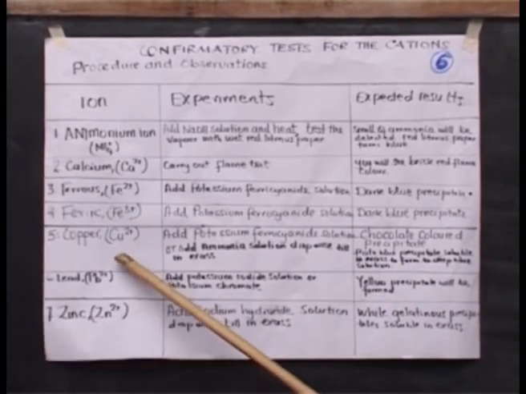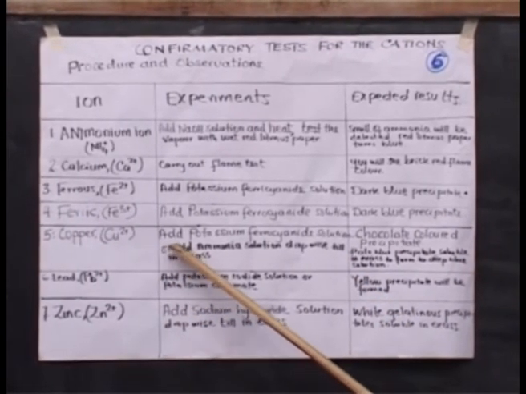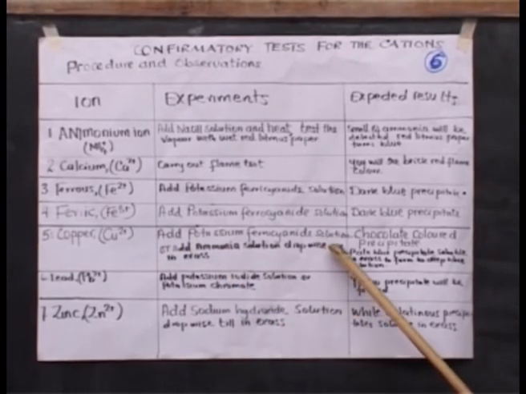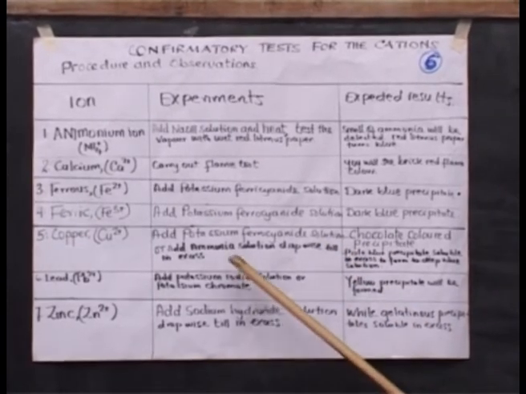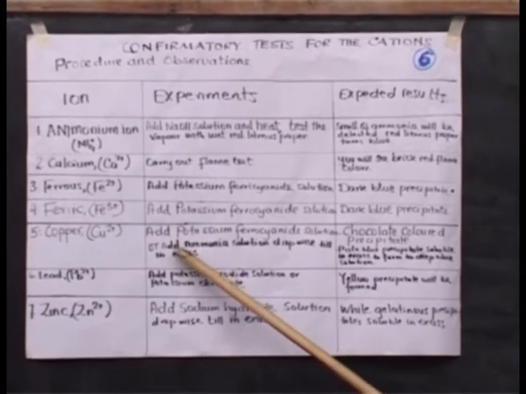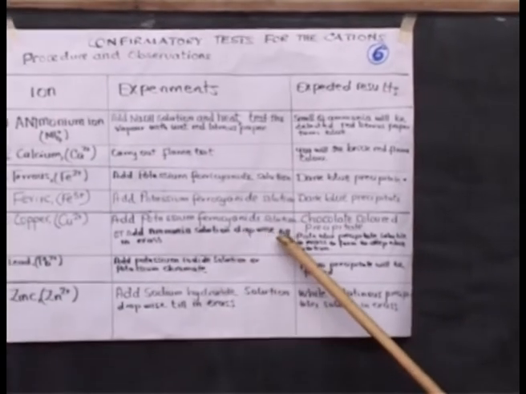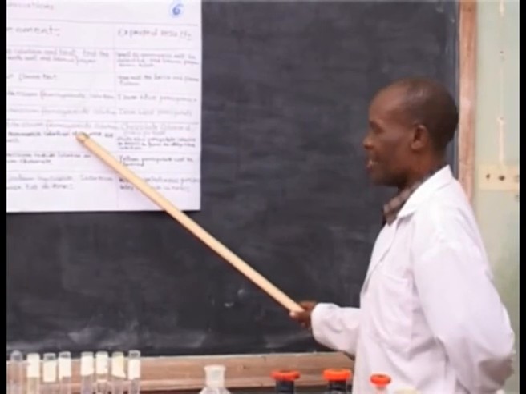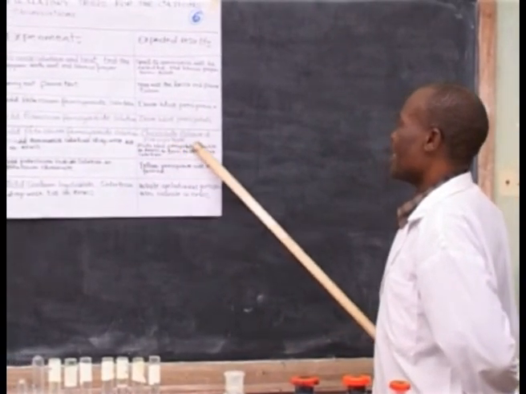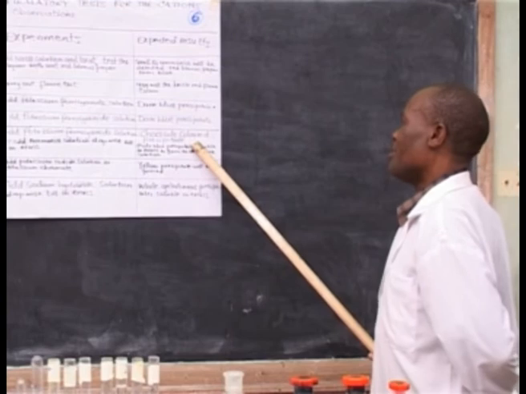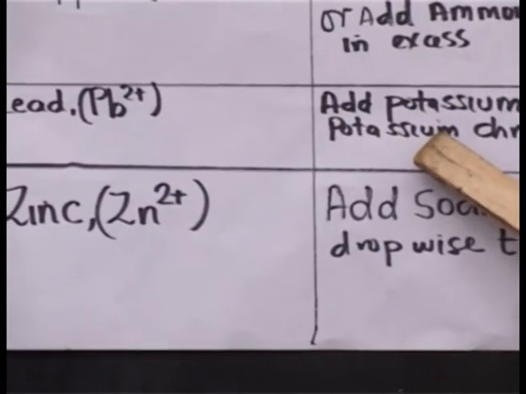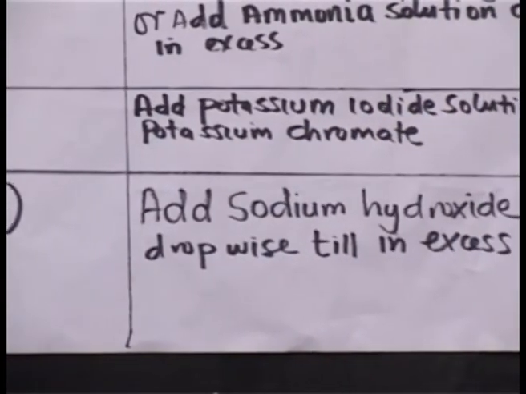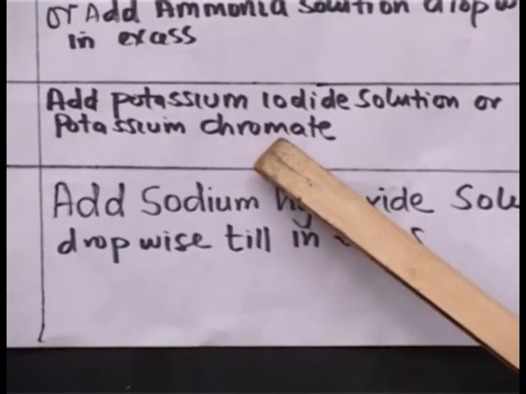To confirm copper(II) ion, you have to add potassium ferrocyanide solution, or if you don't have this, you have to add ammonia solution dropwise, then in excess. A chocolate colored precipitate forms.